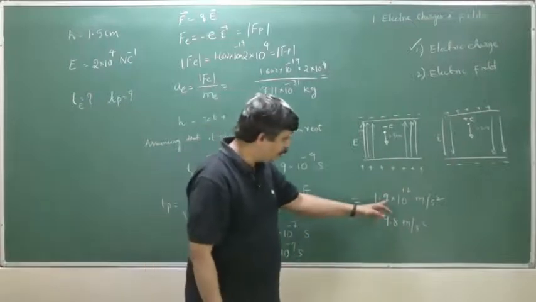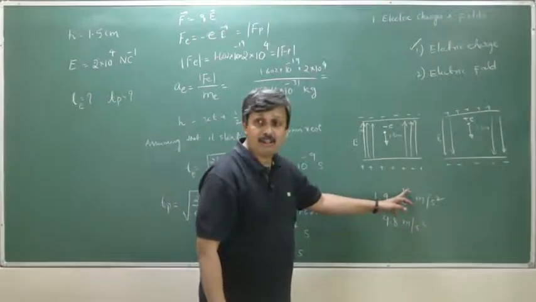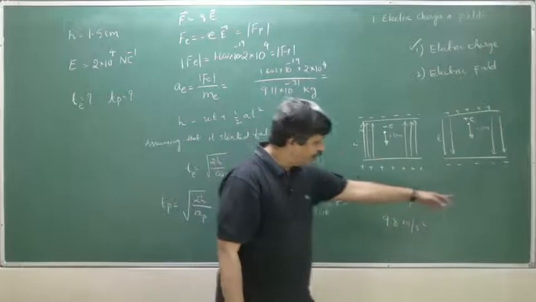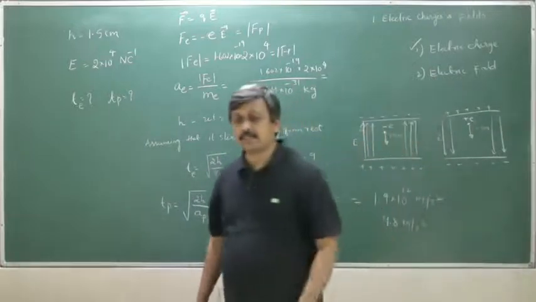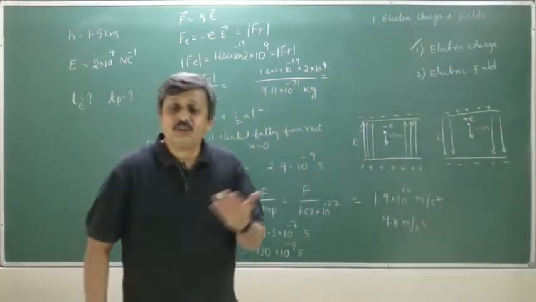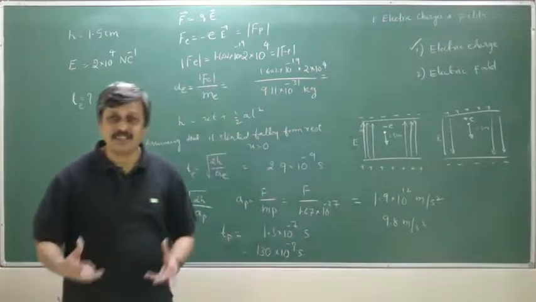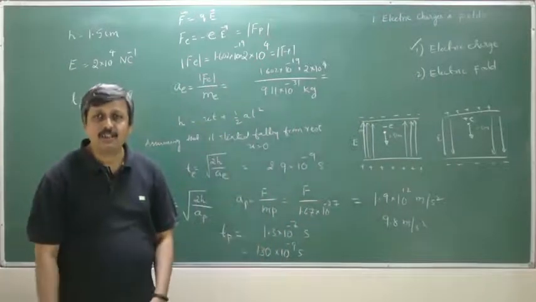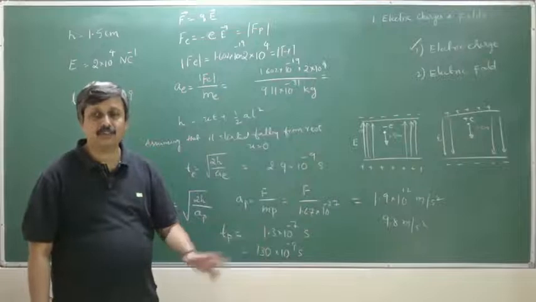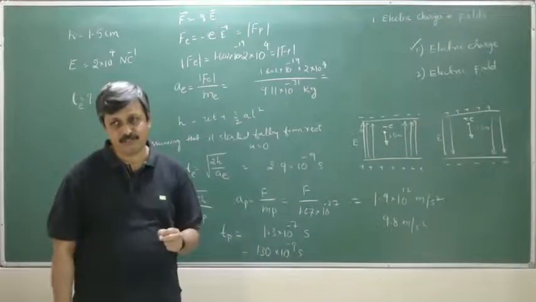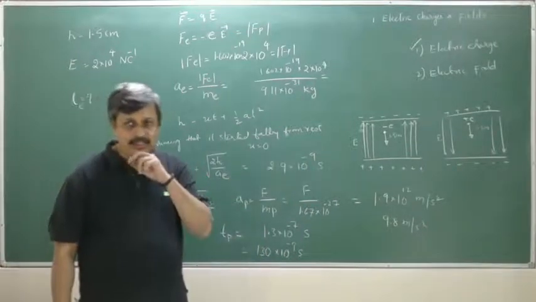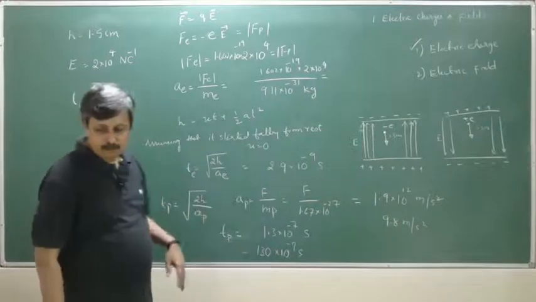This one was 1.9 into 10 power 12. If you add 9.8 to it, somewhere at the 12th digit it gets added. So it's okay to neglect that. That means that gravitational force is so very small when compared to the electrical forces. That is the understanding from this particular problem.